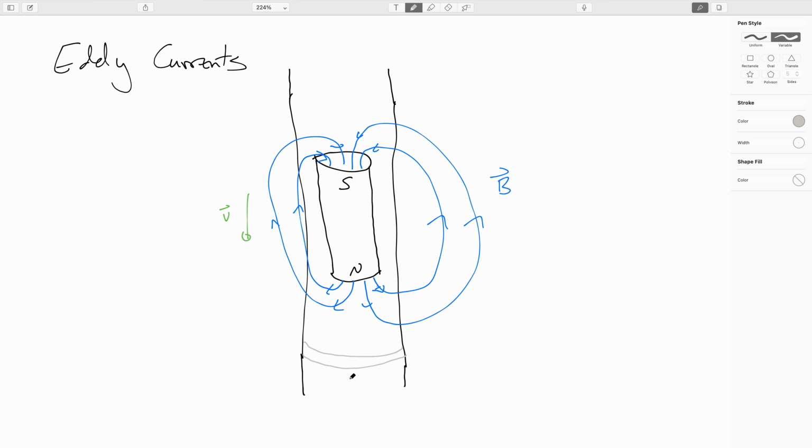So we're going to have an increasing downward flux, which means that we will have to have an upward pointing induced magnetic field, which means that we will have to induce a current in this ring of pipe going like this. And of course, looping back around on the back side.